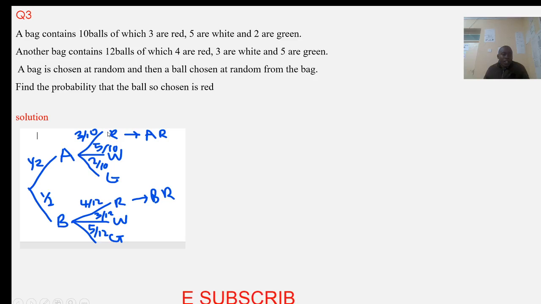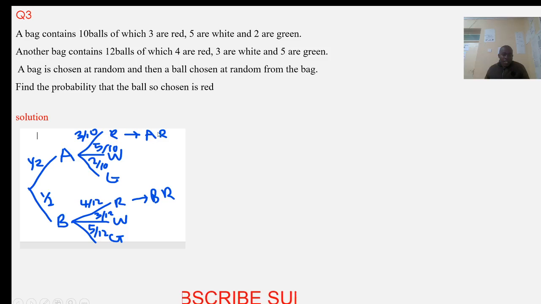From bag A, you can pick a red, which is 3 over 10, or white, which is 5 over 10, or green, which is 2 over 10. And then bag B, another bag contains 12 balls, of which 4 are red, 3 are white, and 5 green. So it is 4 out of 12 for red, or 3 out of 12 for white, or 5 out of 12 for green.